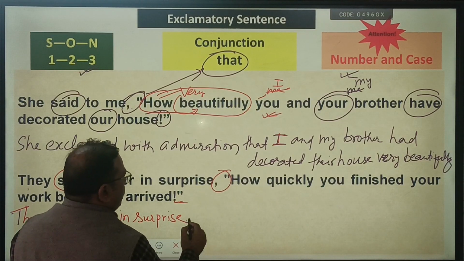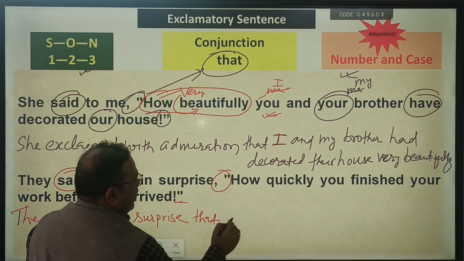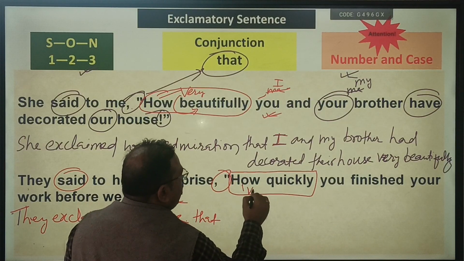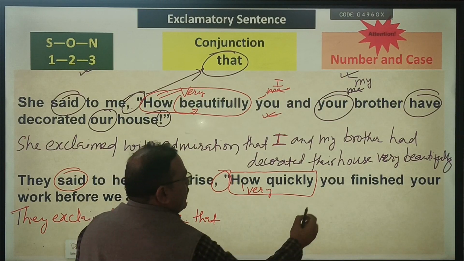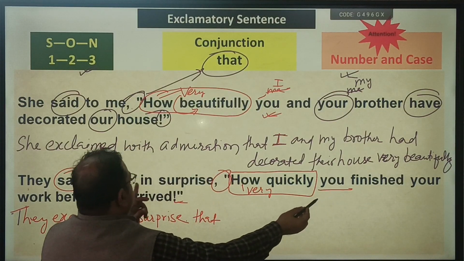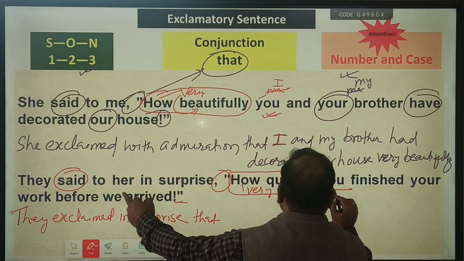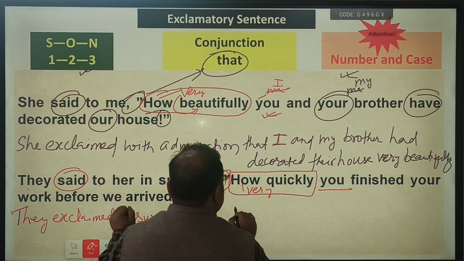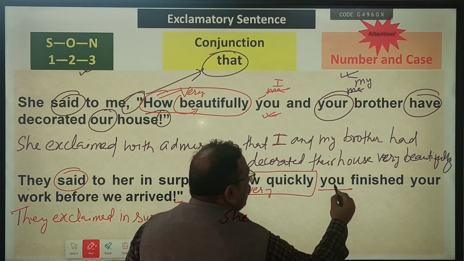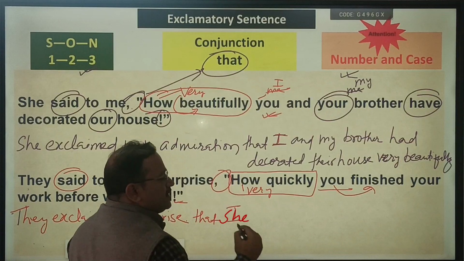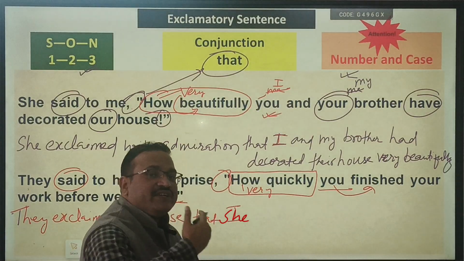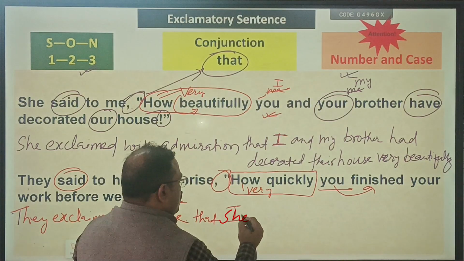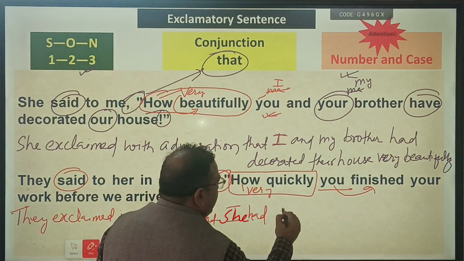In place of inverted comma, that. How quickly, so how change into very, very quickly. Now you, second person will be changed by object. Object is what? Her. So subjective case of her is what? She. You finished. This is simple past tense. So simple past will change into past perfect, leaving one gap, gapping formula. She had finished.